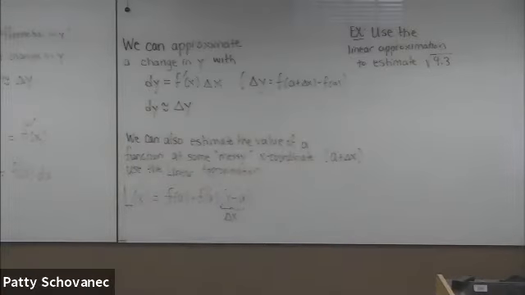So if this were the graph of the square root function, we're going to write the equation of the tangent line to that graph at x is 9. And then we're going to plug in the 9.3 to see what the value is on the tangent line. And it's going to estimate the value of the square root of 9.3.